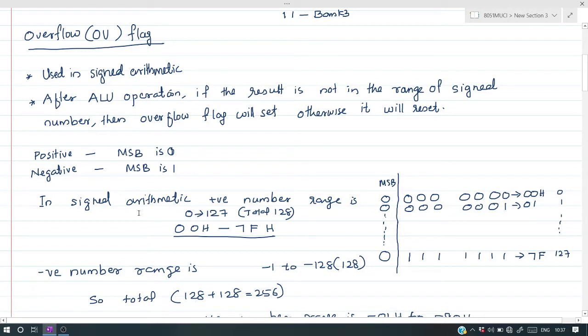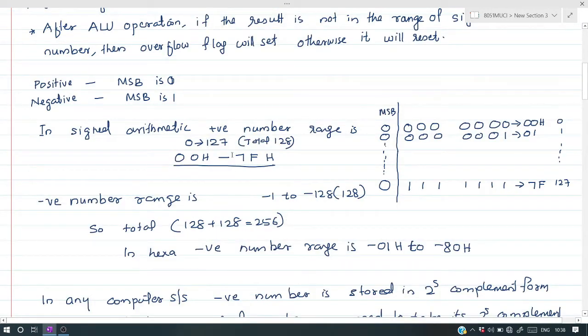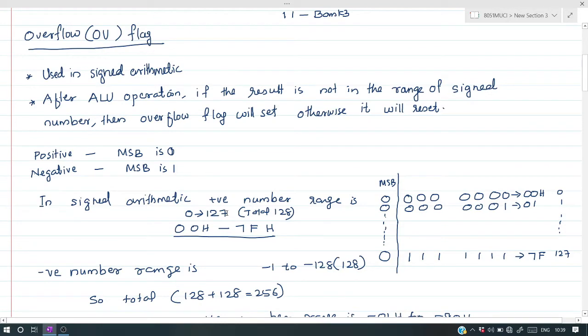The next 128 numbers are -1 to -128. So there are a total of 128 numbers for positive and another 128 for negative, so the total is 128 plus 128, 256. In hexa, this range is represented as -01H to -80H. So during positive number arithmetic, if any result comes within this range, that is, 00 to 7FH, there cannot be overflow.